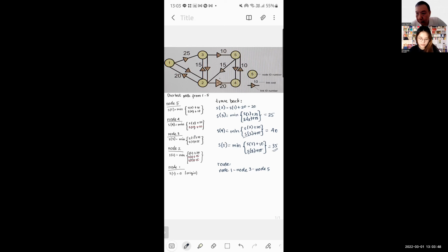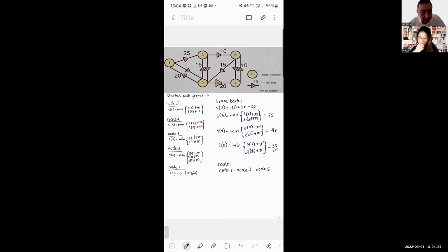So that is S3 plus 10 and S4 plus 10. And then after that, we go to node 4. The ones that go to node 4 are node 2 and also node 5. For node 2 it is S2 plus 20, and S5 plus 10. Because if we choose S5, it goes back to node 5, we eliminate the S5.